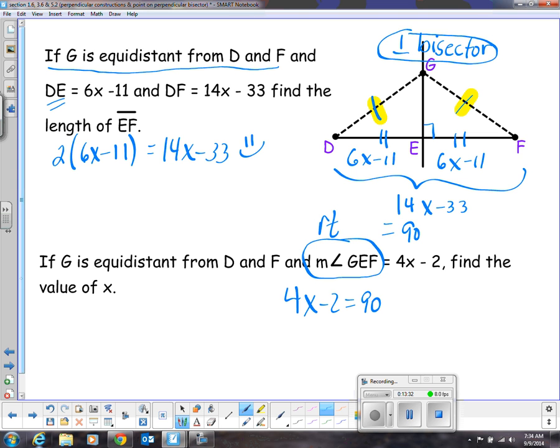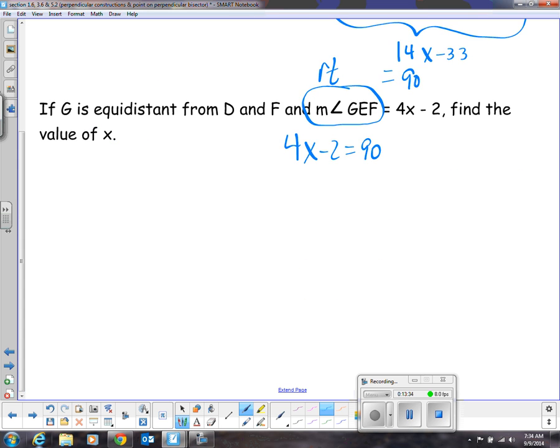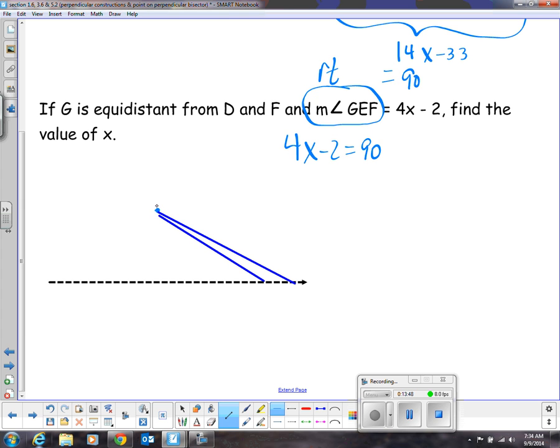All right. So if we have a point, here's our line. Well, it's dotted. Here is our point. Now, I could draw lots of lines, couldn't I? I could draw this line. I could draw this line. I could draw this line. All right.